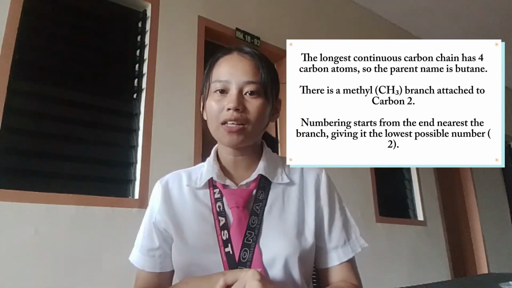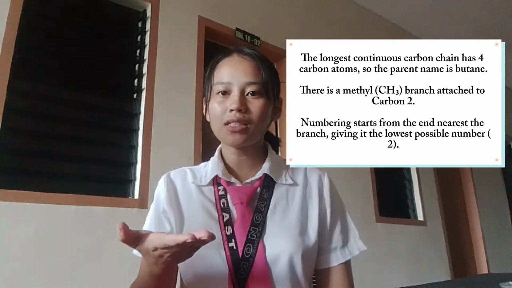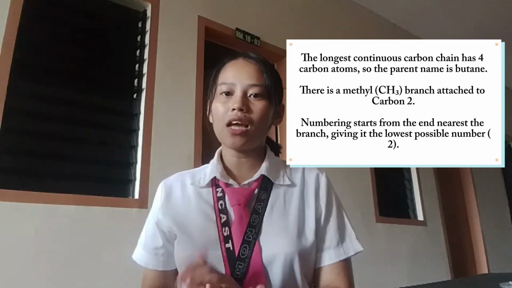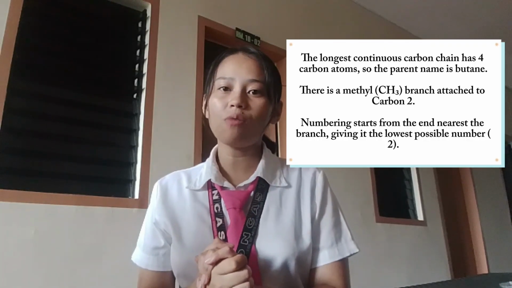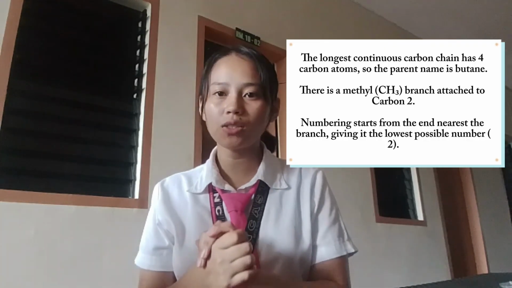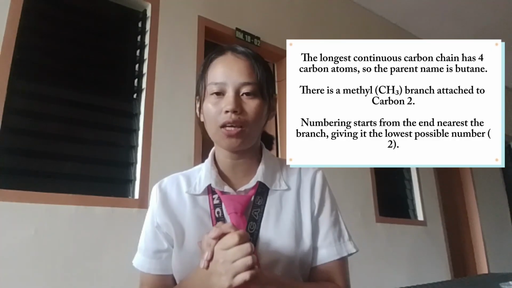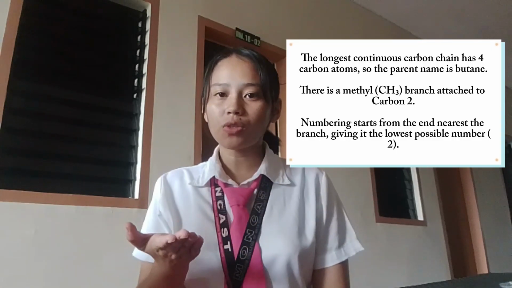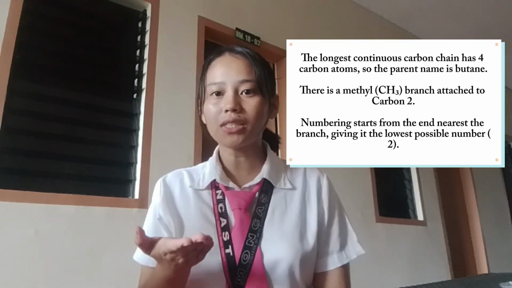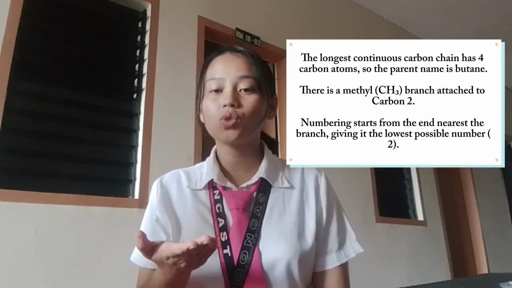The correct IUPAC name is 2-methylbutane. Notice that if we number from the opposite direction, the substituent will be on carbon 3. According to the IUPAC rules, we always choose the lowest possible number, which is 2.